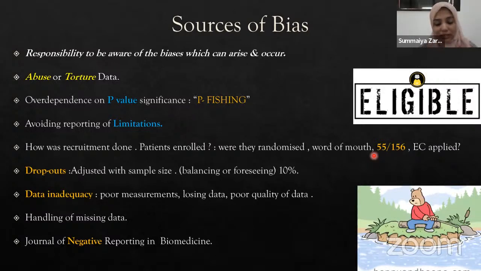So what happens is, even if we have dropouts, we don't mention, but we take 55 only. What I want to say by adjusted sample size is, usually when the statistician gives you the sample size calculation as 55, a good statistician will estimate the sample size by adjusting it.